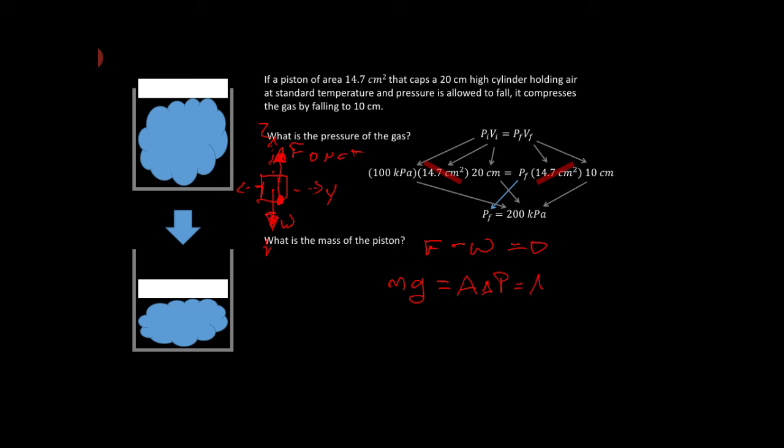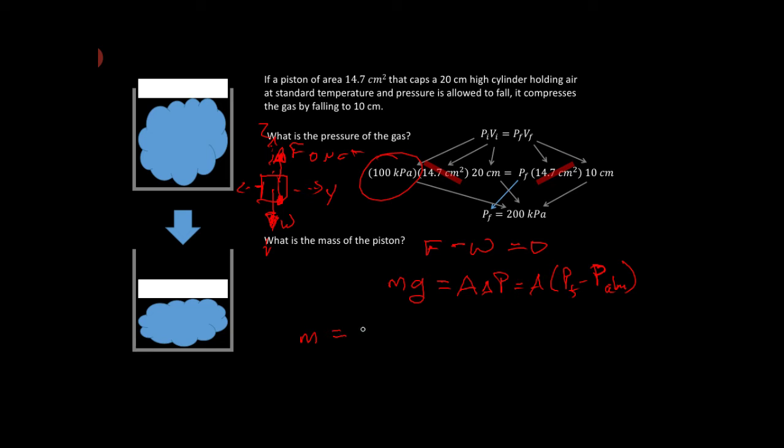The change in pressure is just the final pressure minus the exterior pressure, which is the atmospheric pressure, which is just this number, 100 kilopascals. The same pressure the gas was before it was compressed. So that's not going to hurt us too much.